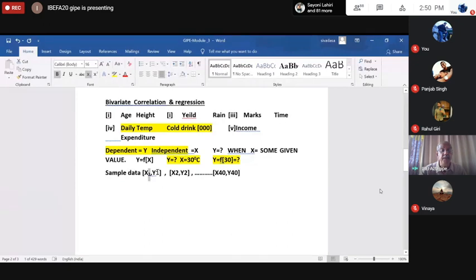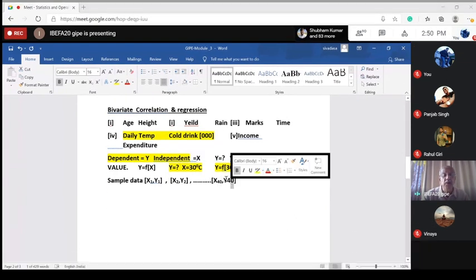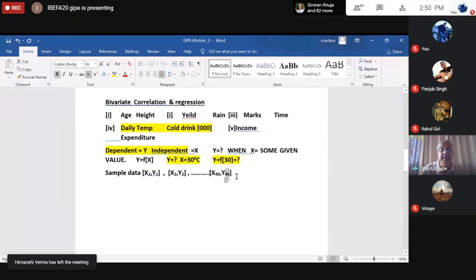I have here pair values. I'm going very slow. Any moment if you don't follow, you have to ask. I'm having pair values because on 40 days in a year, I observed the temperature, and on the same day, I have observed the sale also in the restaurant.